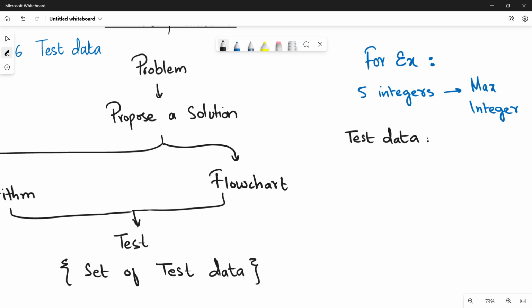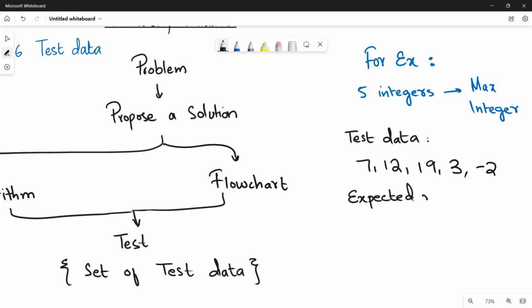Let's take a normal data. The normal data is the one that is expected by the user to enter. Let's take 7, 12, 19, 3, minus 2. So these are all the integer values. Now, one thing is that we have the expected result for this input.